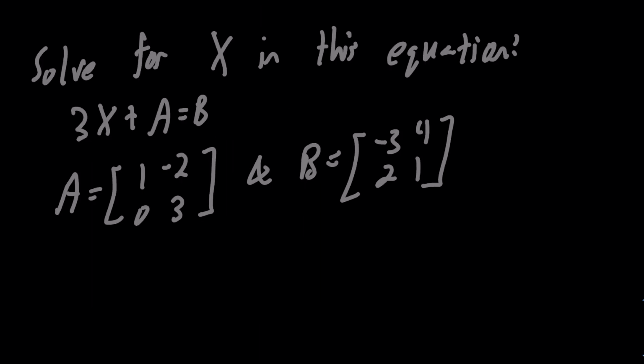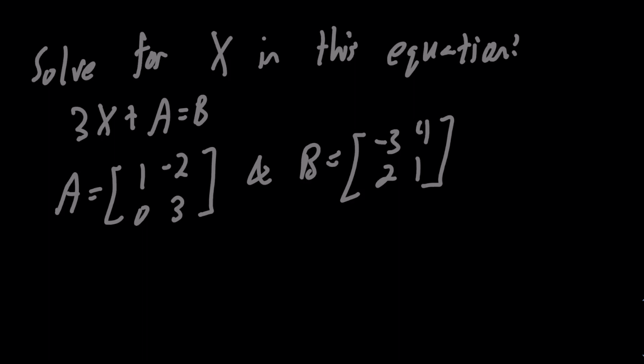Okay, so in this next example, we're going to be solving a matrix equation. We are given the objective of solving for x in the equation 3x plus A is equal to B. We are given our A value and B value and an equation. So let me ask you guys, what do we do first? And think back to, I don't know, high school algebra.